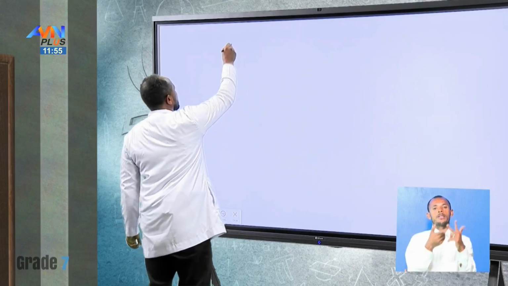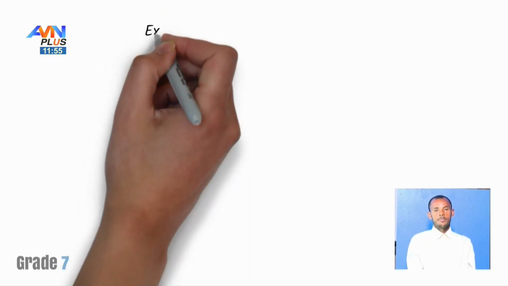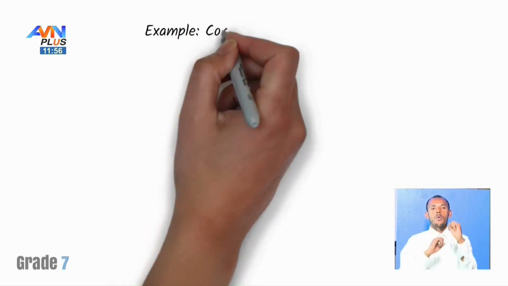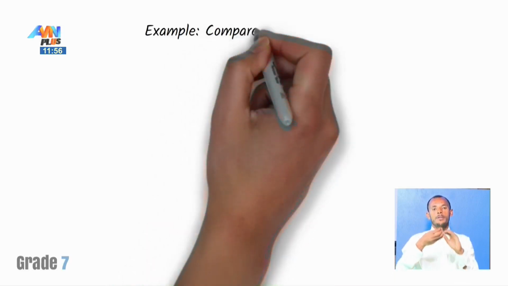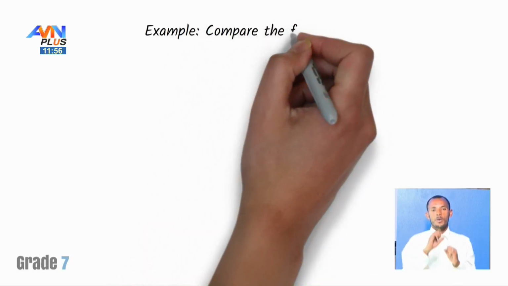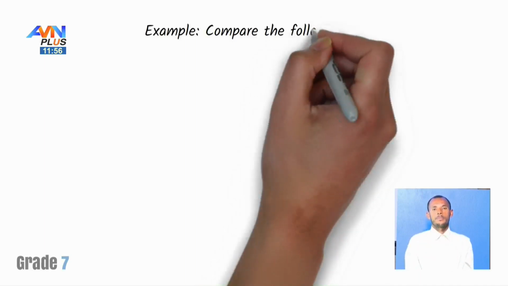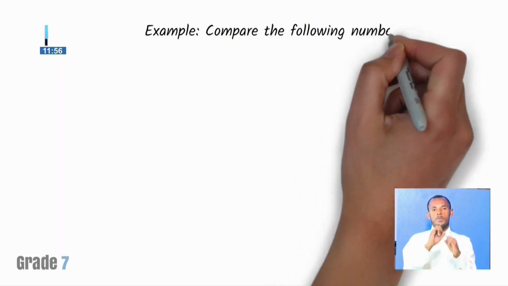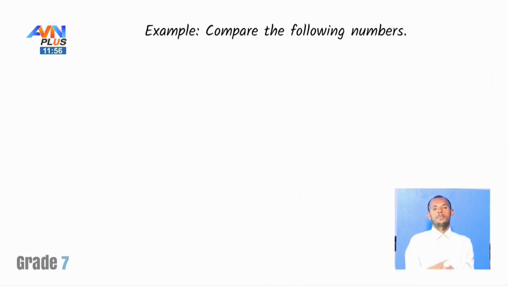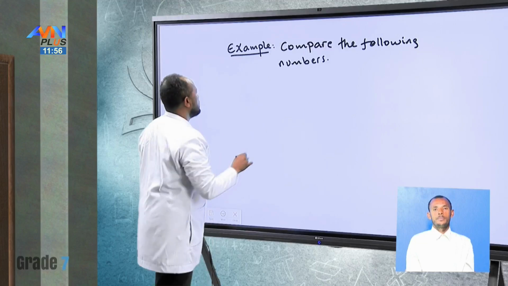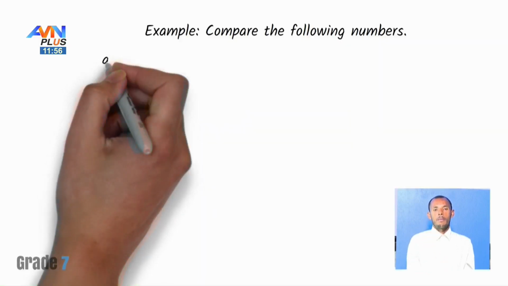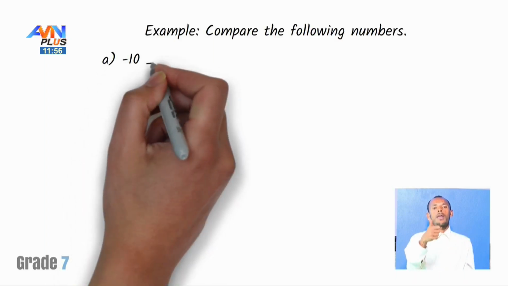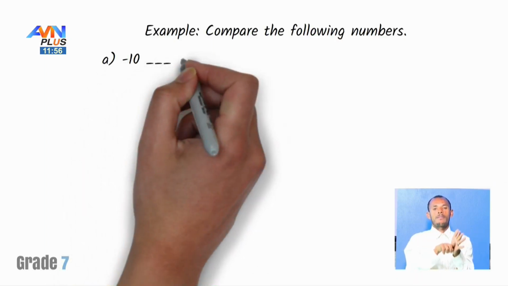Third example. Compare the following numbers. A, negative 10 with negative 2.